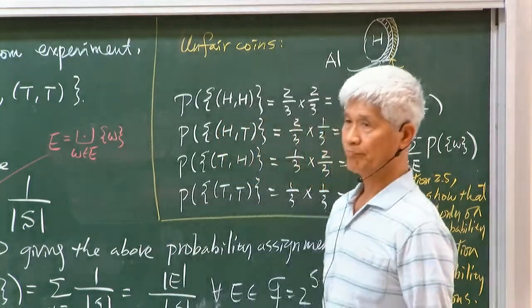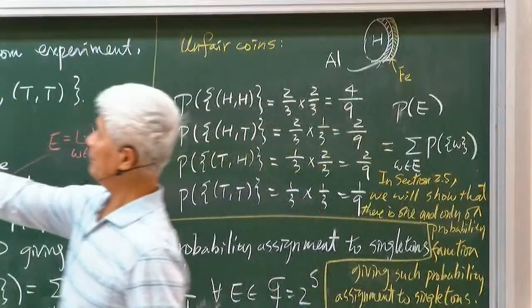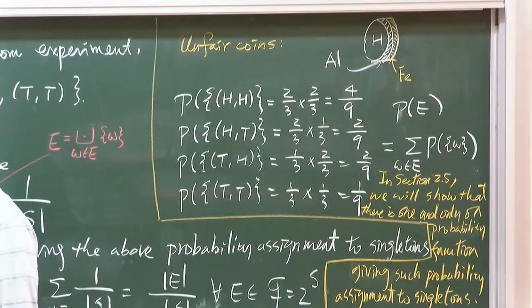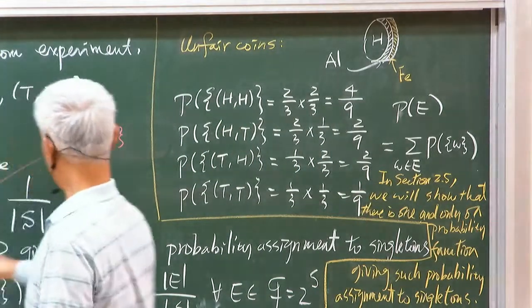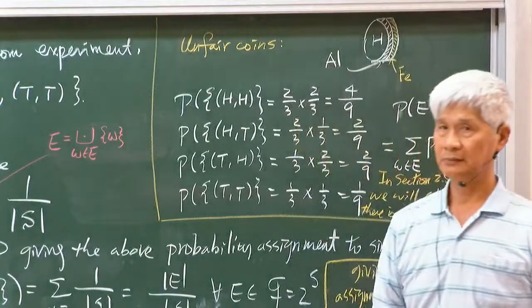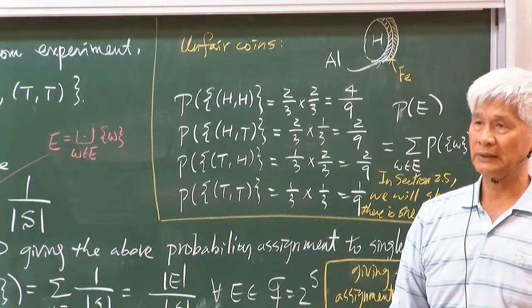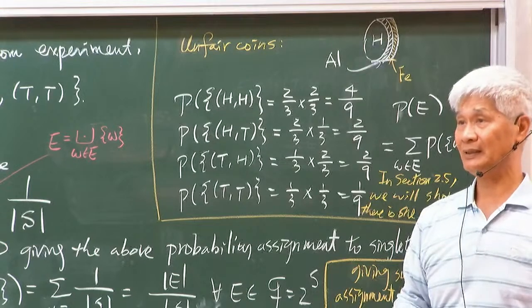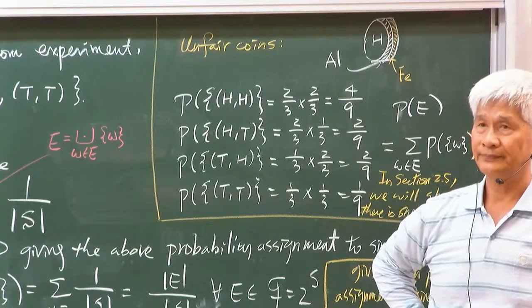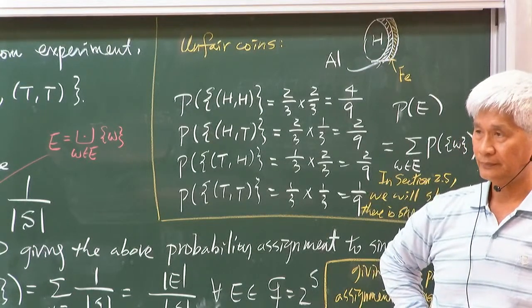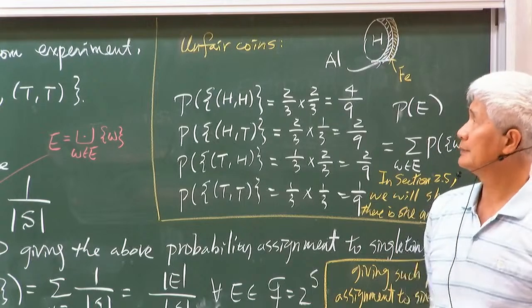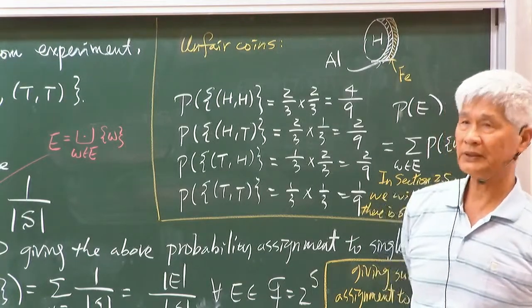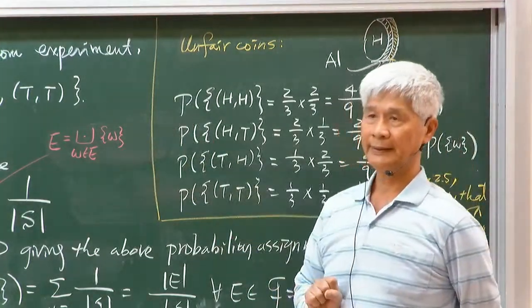So with the same sample space and the same sigma algebra, you may have a different probability assignment. Actually, you have infinitely many probability assignments, right? Any questions about this example?